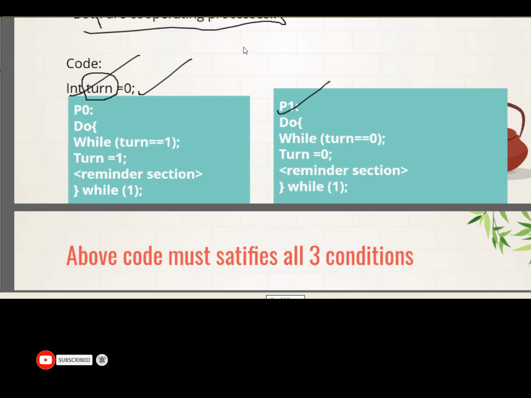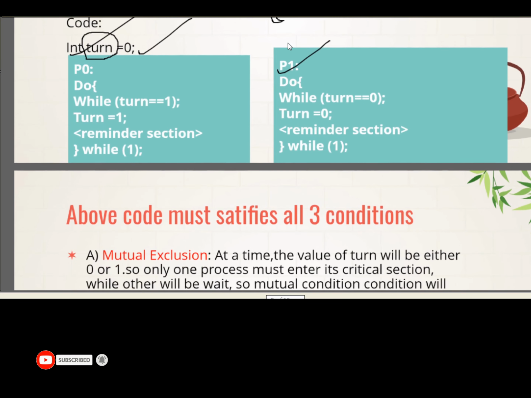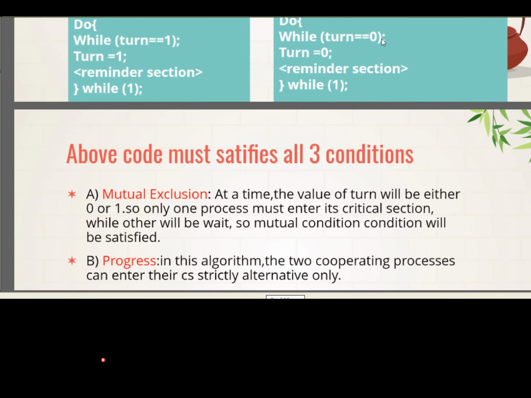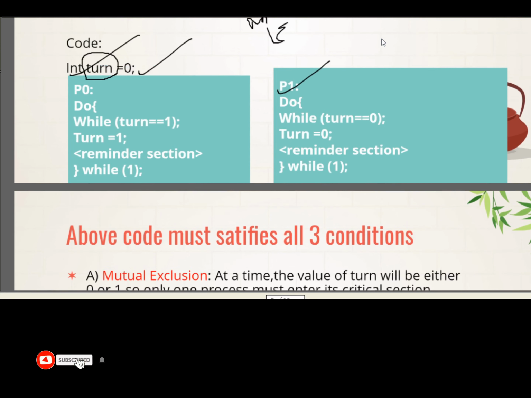How? First we have to satisfy mutual exclusion. In mutual exclusion, the value of turn will be either 0 or 1. When the turn value equals 0, this means P1 cannot enter its critical section. Why is it so?